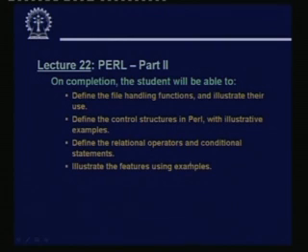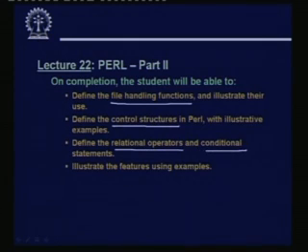In lecture number 22, we continued with PERL. We started by introducing the file handling functions available in PERL and how they can be used, then the various control structures with examples, the relational operators, and conditional statements. All these features were illustrated through examples. This was what was discussed in lecture 22.